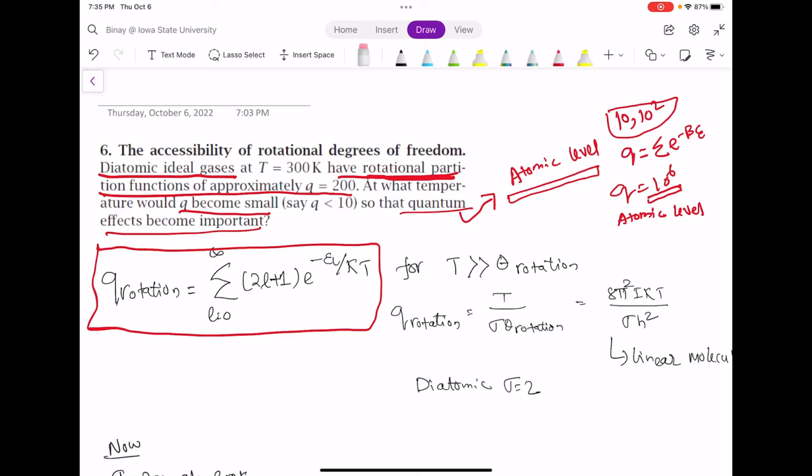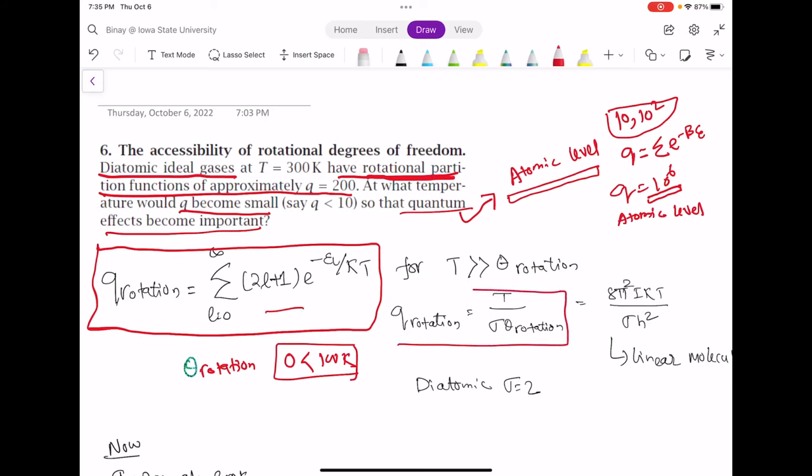The theta rotation of these diatomic gases always lies between 0 and 100 Kelvin. So you can safely convert this equation to q rotation equal to T upon sigma theta rotation, where sigma for a diatomic gas is 2.